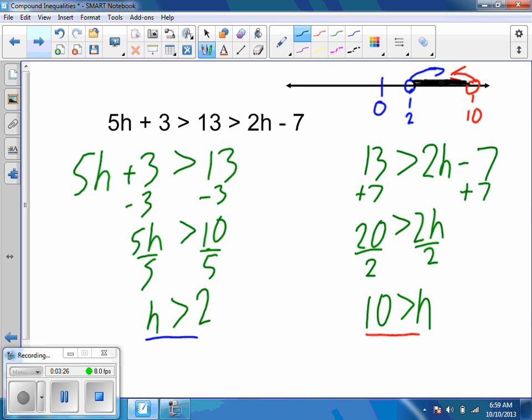So between 2 and 10, those are my solutions. Those numbers will satisfy both of the inequalities, both this one and this one over here.